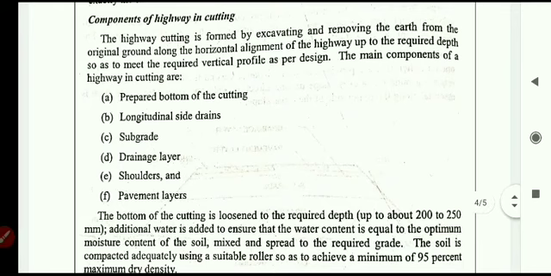So what do you mean by cutting? Cutting means the soil is removed from the natural ground itself, it is excavated. That is known as cutting. Cutting may occur where excess soil is there, or based upon the ground profile or the situation of the ground.